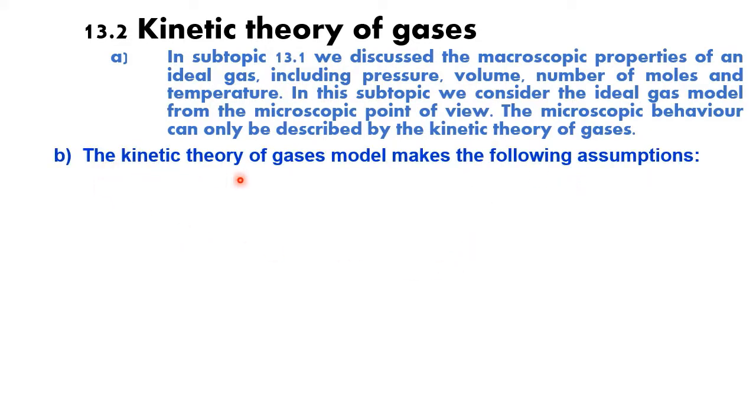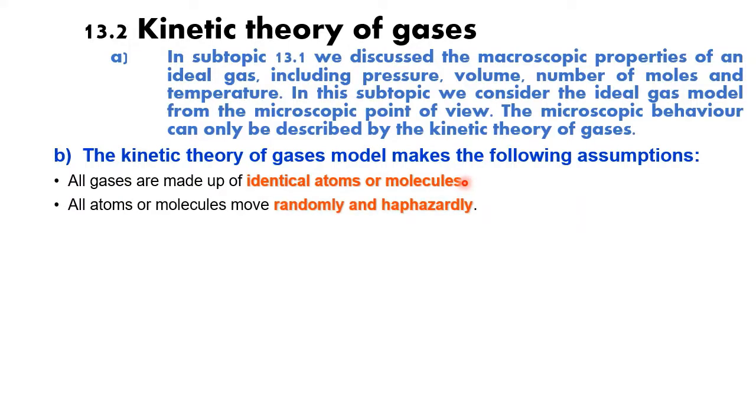Kinetic theory of gases model makes the following assumptions. First, all gases are made up of identical atoms or molecules. So gas ni terbina dari atom yang sama jenis atau molekul yang sama jenis. And then all atoms or molecules move randomly and haphazardly. Dia bergerak secara rawak.